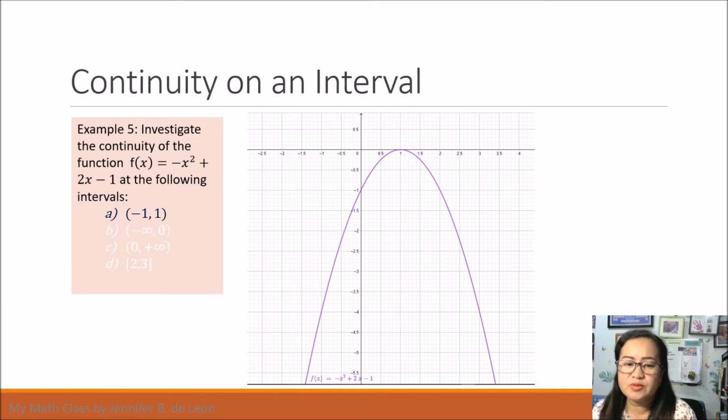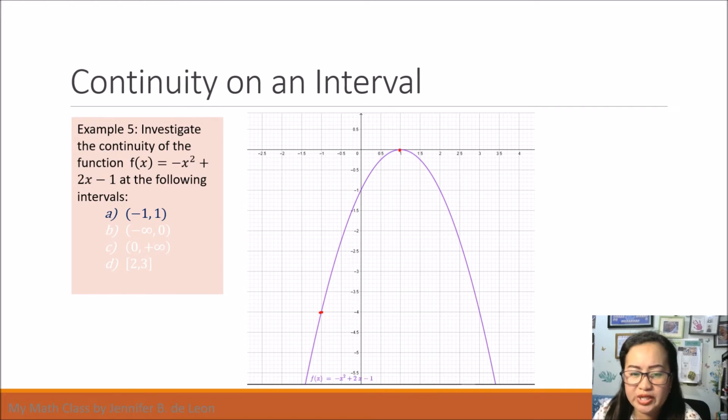Now we apply the graphical method in determining whether the given function is continuous on these intervals. First, we have from -1 to +1. We plot those points first. Since we have an open interval, the endpoints -1 and +1 are not to be considered as part of this.